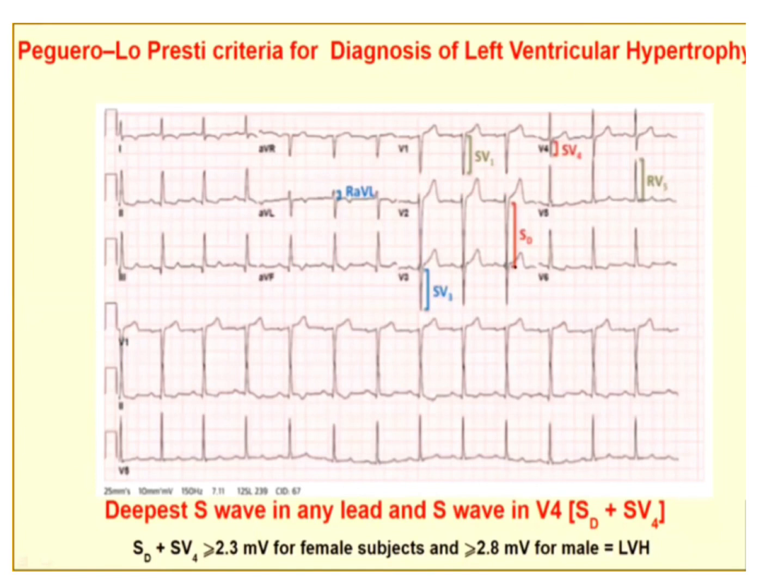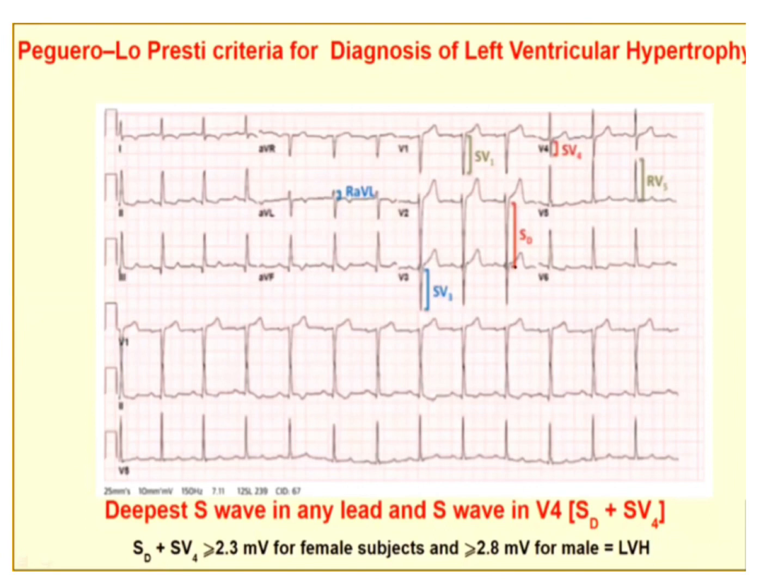If it is more than 23 millimeters in female, and more than or equal to 28 small squares in male, then it will suggest left ventricular hypertrophy.